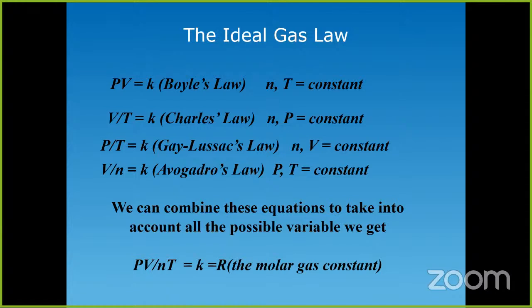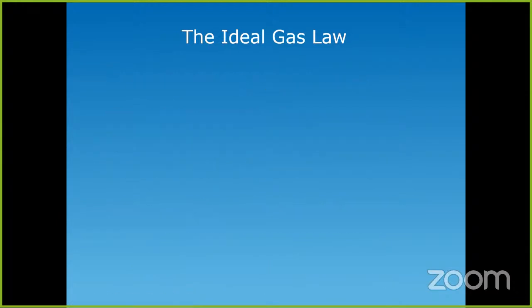Well, it goes back to the equation that we showed you before, which is the combined gas law. And when we take any particular pressure, volume, number of moles, and temperature and place it into that arrangement, you end up with this equation here, which turns out to be a constant, and that constant is called the molar gas constant.